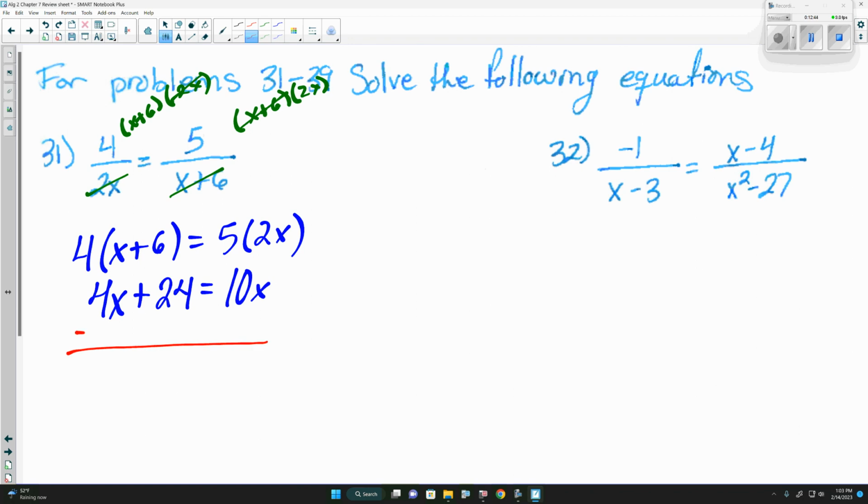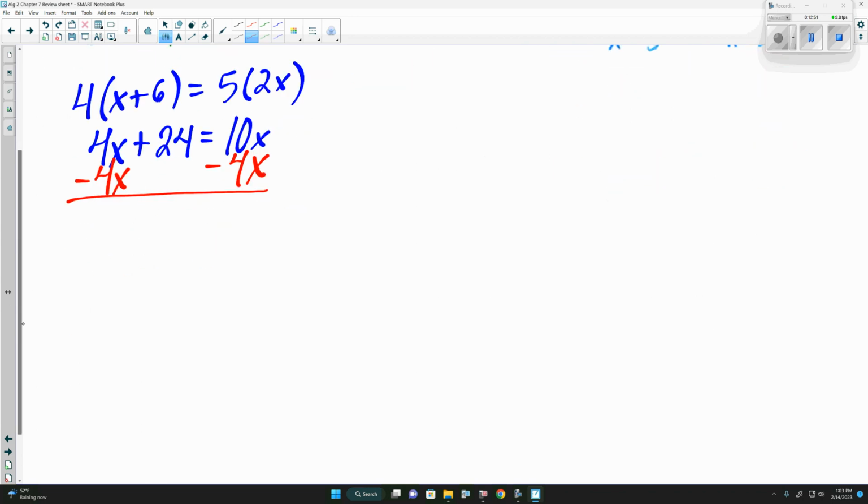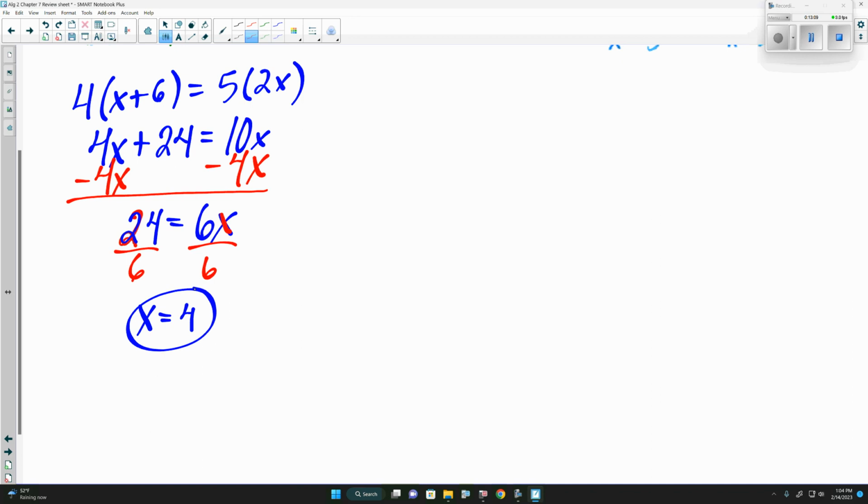Now at this point here, we can get the x's by themselves, so we can subtract 4x from both sides, telling us that 24 is equal to 6x. Divided by 6, 4 equals x, or x is equal to 4. Either way, same answer.